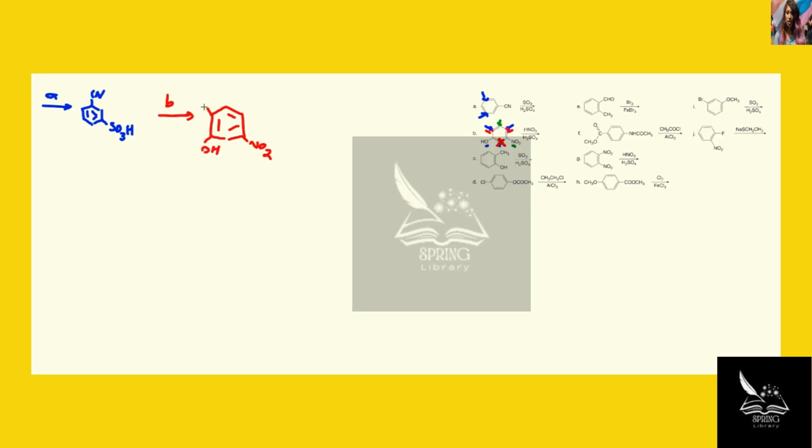So I'll draw the ortho product first, NO2, plus the isomer, being NO2, OH, and this one is going to actually be the para-derived.